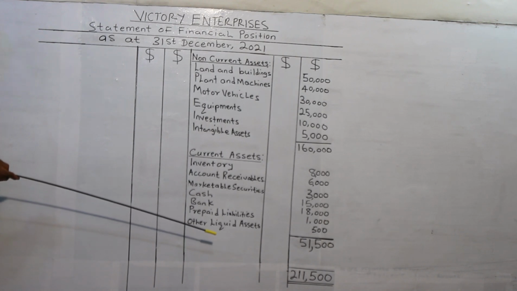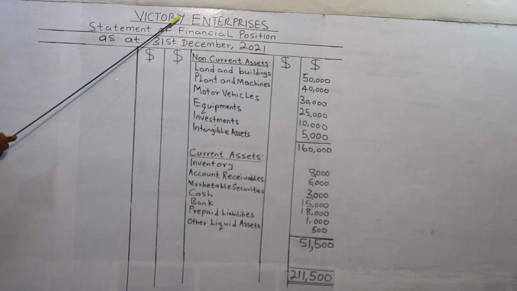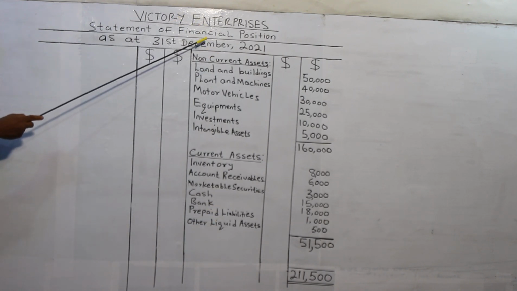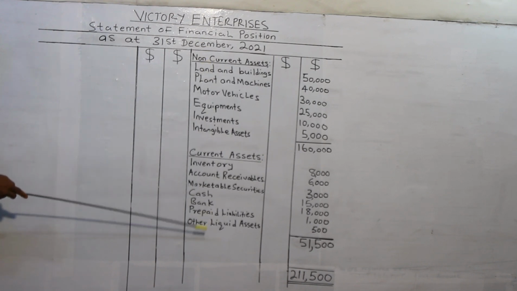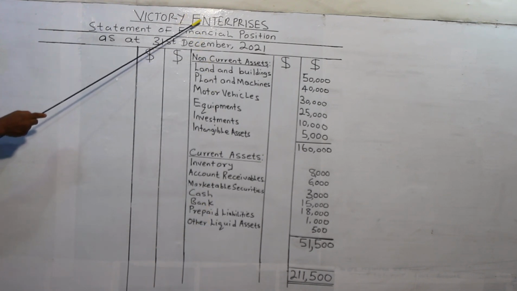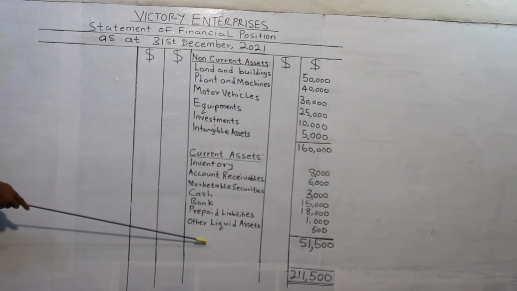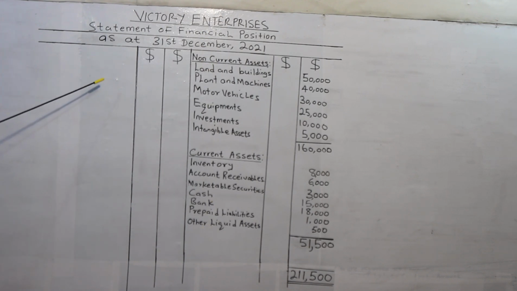The question now is, how did Victory Enterprises get these assets? How did Victory Enterprises finance these assets? This brings us to the other side of the statement of financial position, where we are going to state how Victory Enterprises got the non-current assets and the current assets.